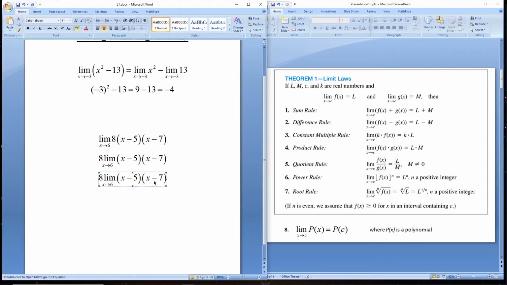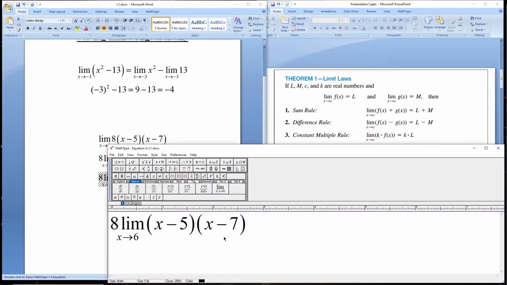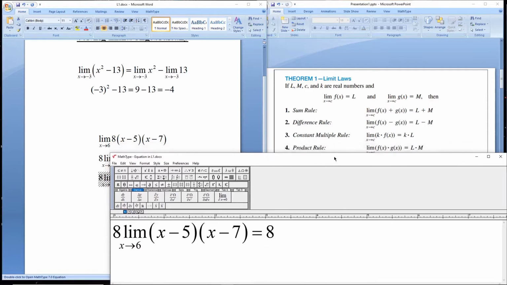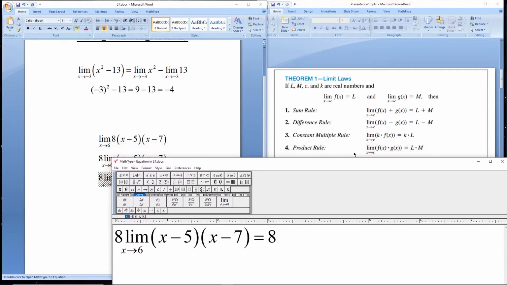And now let's look at what we have. We have 2 factors. Yes, you could distribute this. Nothing wrong with that. But I do want to use property 4 here to demonstrate this. If we have factors, then we can pass the limit along to each factor.